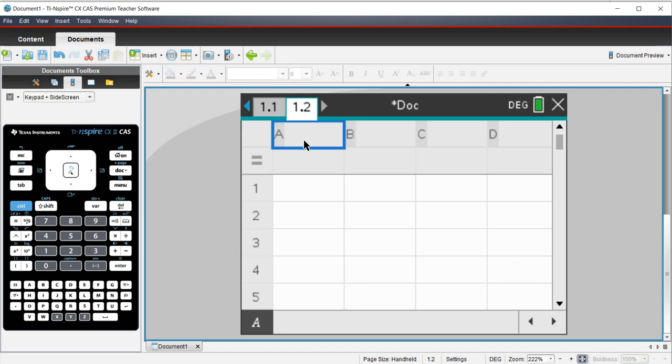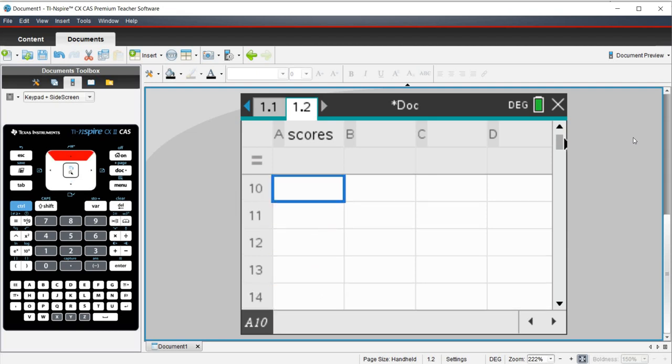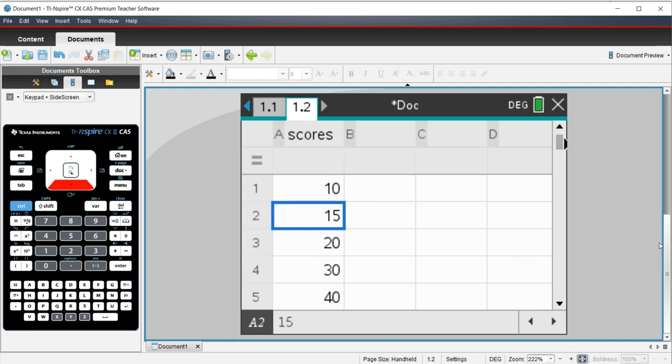So let's just pretend that this is some sort of scores that we're typing. Type in scores at the top, and then put in the data values that you're given. Let's just pretend that we've been given these values: 10, 15, 20, 30, 40, 50, 60. Obviously, you might have data sets that go a lot longer as well, but let's just deal with this small data set right now.